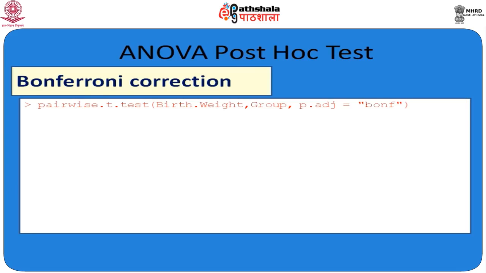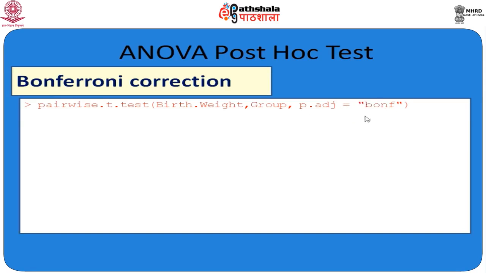In a minute I can explain. But to do the Bonferroni corrections, I will use the function pairwise.t.test. With this function you just pass the birth weight and then the group, and p.adjust equals Bonferroni. Here, B-O-N-F stands for Bonferroni.